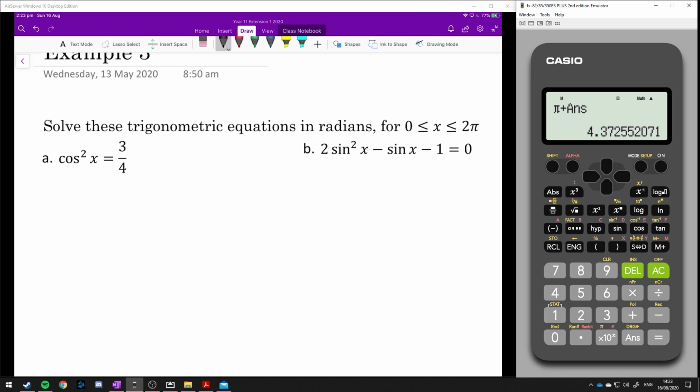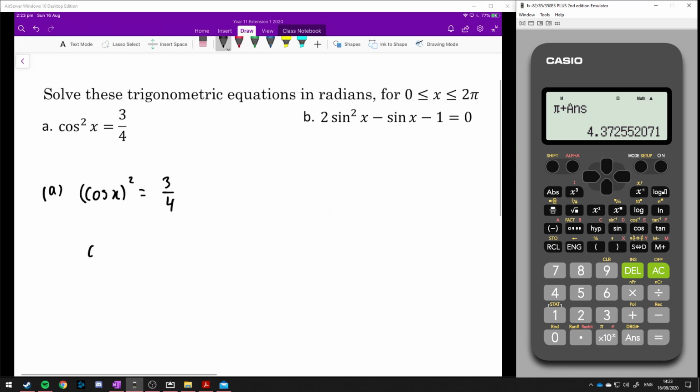In the first case, we've got cos squared of x is equal to 3 on 4. Think of it like saying cos of x all squared equals 3 on 4. So how would we solve this? We would take the square root of both sides, and that would end us with plus or minus the square root of 3 on the square root of 4, which is 2.